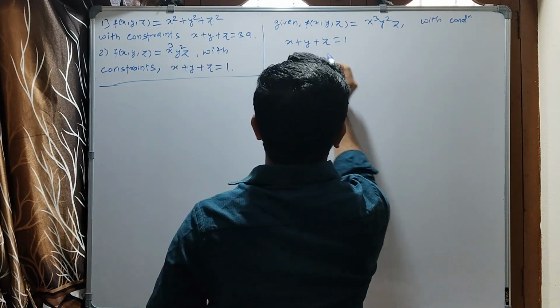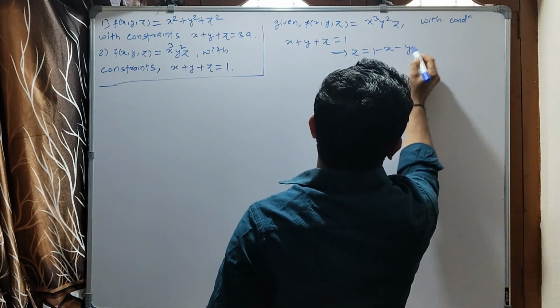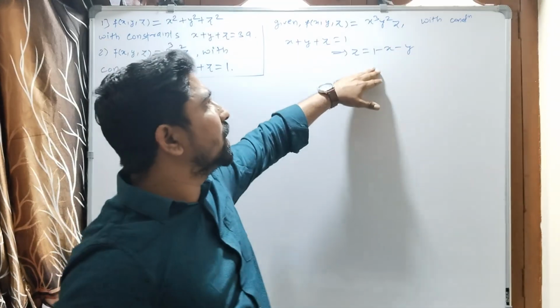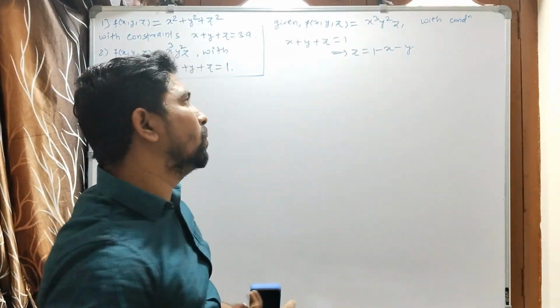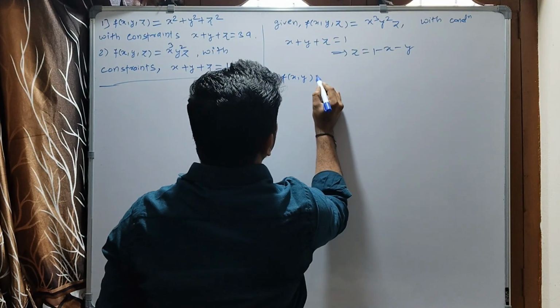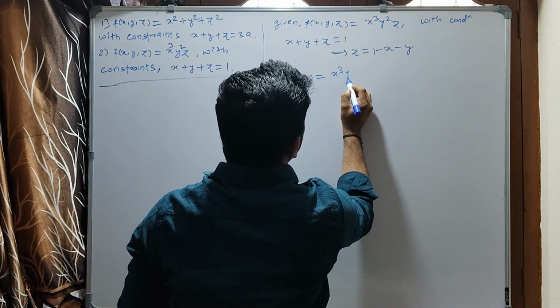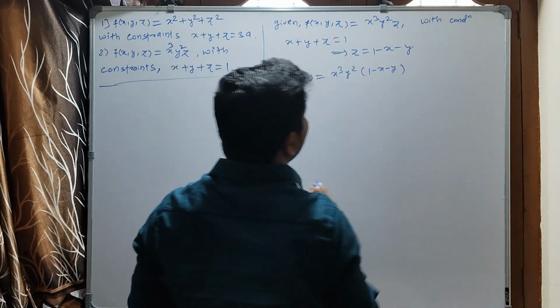This implies z equal to 1 minus x minus y. Now I want to put the value of z in this function to convert the function of 3 variables into 2 variables. Therefore f of x, y equals x cube y square (1 minus x minus y). So this is my function.